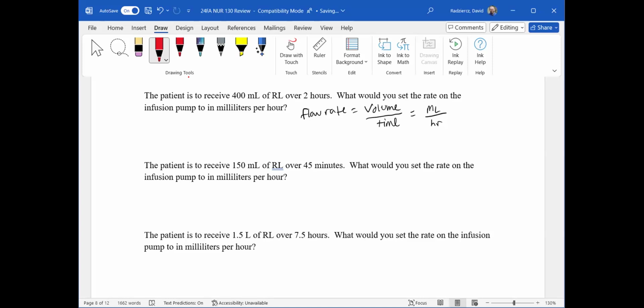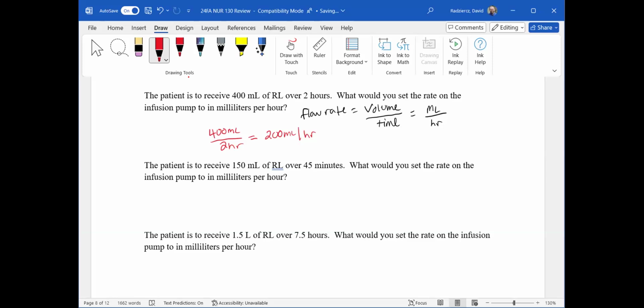So when we calculate a flow rate, it's mL per hour. To solve this question, I'm just going to take the 400 milliliters over 2 hours, and I'm going to reduce. That will reduce to 200 milliliters per hour.